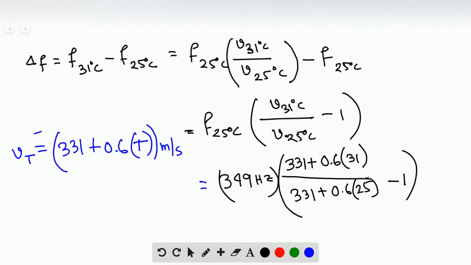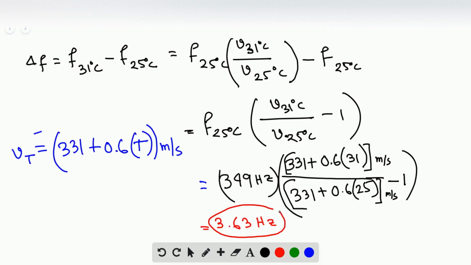The unit for this is going to be meters per second. Same here, and they will get rid of each other. So the final answer to that will be 3.63 hertz. So that's our beat frequency.